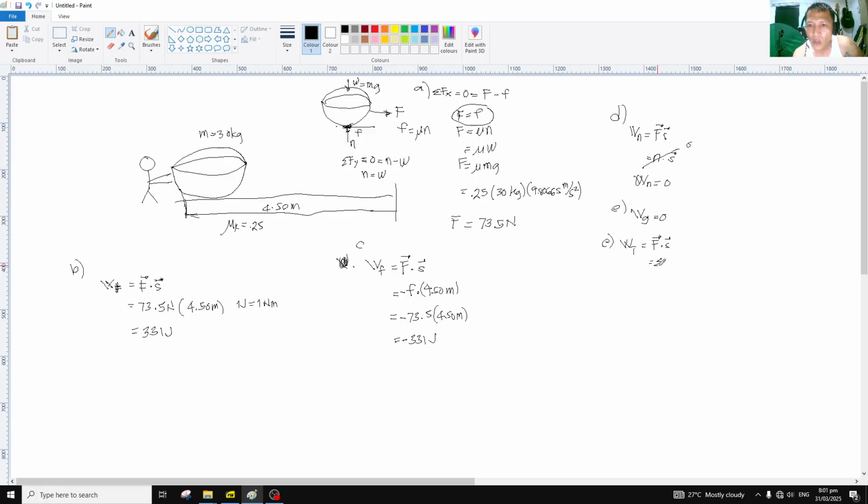So that would be your summations of Fx with respect to your displacement because your displacement is going to X. Ano yung summations of force on X? That is yung F minus F multiplied by 4.50 meters. So basically, itong dalawa ay magkapareho. So yung total work done mo ay 0 pa rin.